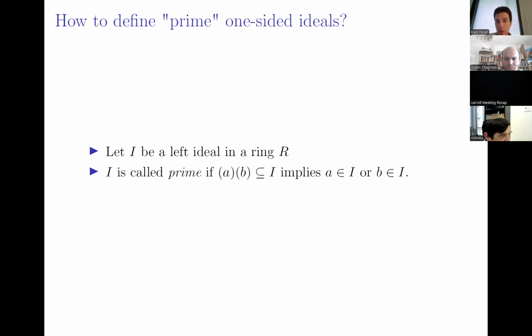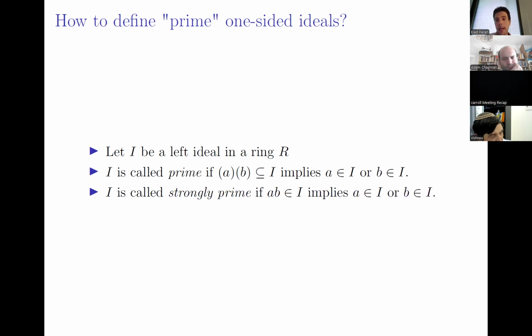A left ideal I is called prime if, given the product of two left ideals A and B in I, it follows that A belongs to I or B belongs to I. And then an ideal is called strongly prime if it satisfies the commutative definition, that if AB belongs to I, then one of the elements belongs to I. And it is well known that in the non-commutative context, the second definition is too restrictive. And so usually the first definition is the one that is prevalent in the literature.